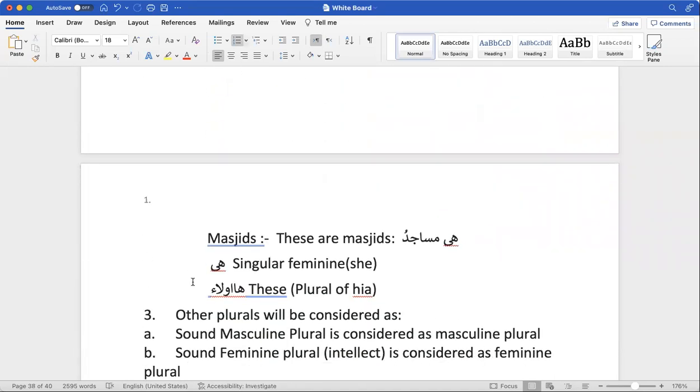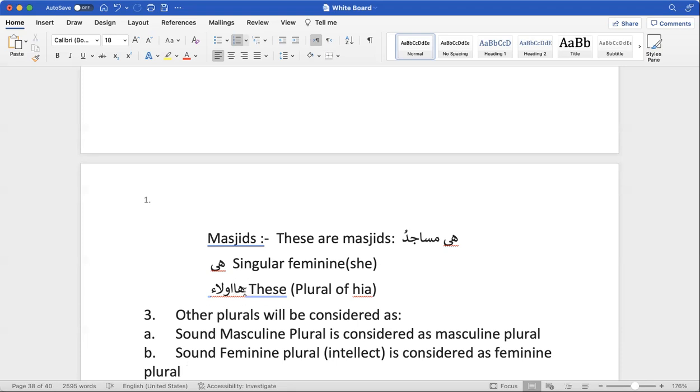If you have to say these are masajid, they'll say hiya masajidu. You should not be surprised if you see hiya masajidu and say it's wrong, how can it be, hiya is singular feminine, it means she. It perfectly means these are masajids. It's a grammar rule of that language. If somebody says it is a mistake, he does not know the rule of the language. That's how they treat it, so we also have to follow it.